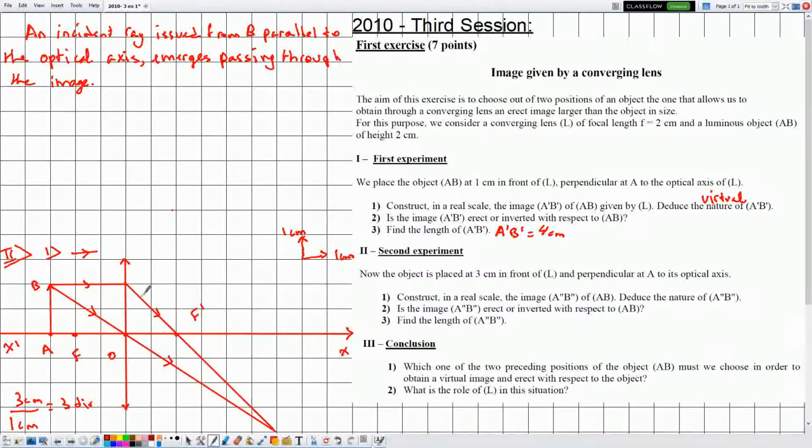This is the justification of the first ray. Now let's justify the second ray. An incident ray issued from B passing through the optical center emerges without deviation.